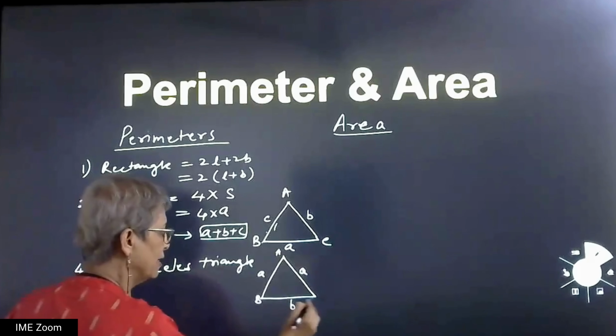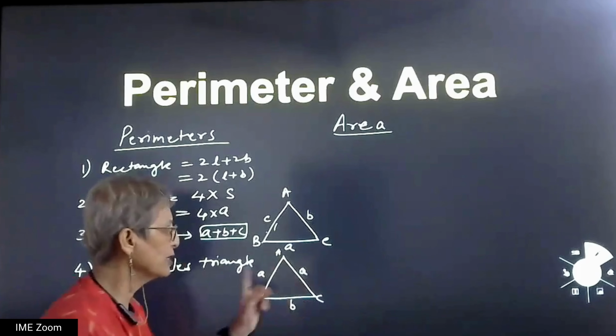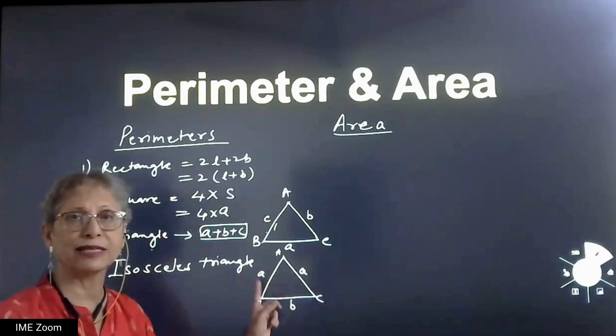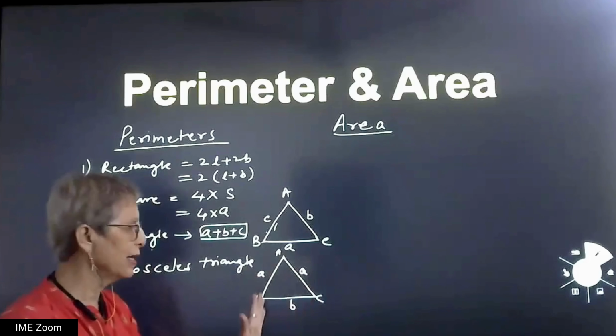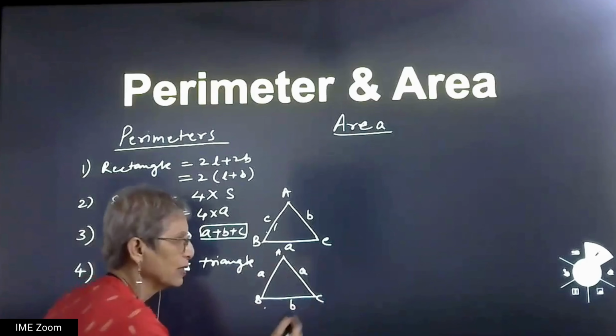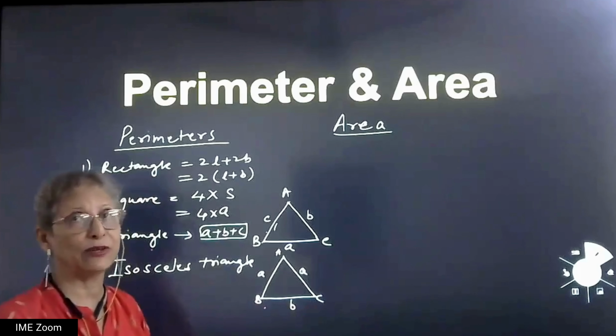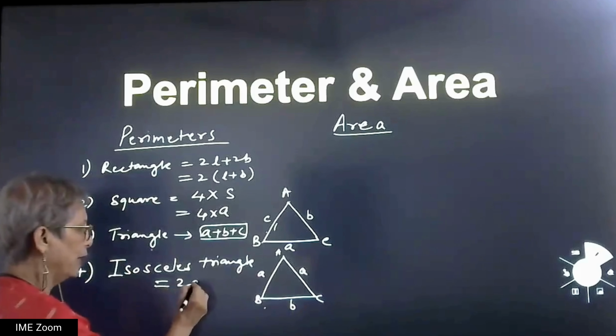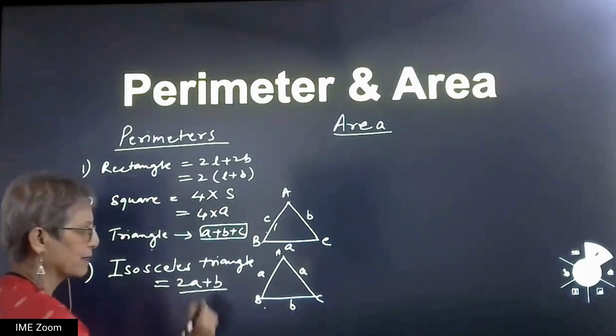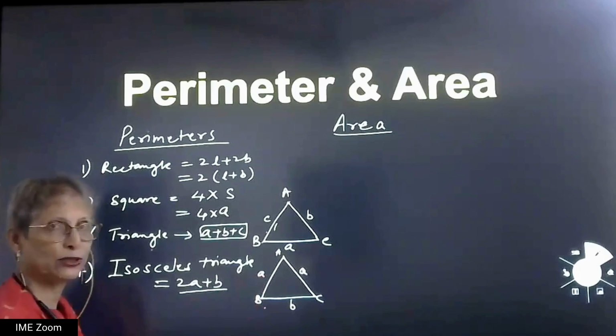Because they are congruent sides, congruent meaning equal sides, they are denoted by A, and the non-equal side is called the base of the isosceles triangle. Therefore, the perimeter will be 2A plus B.